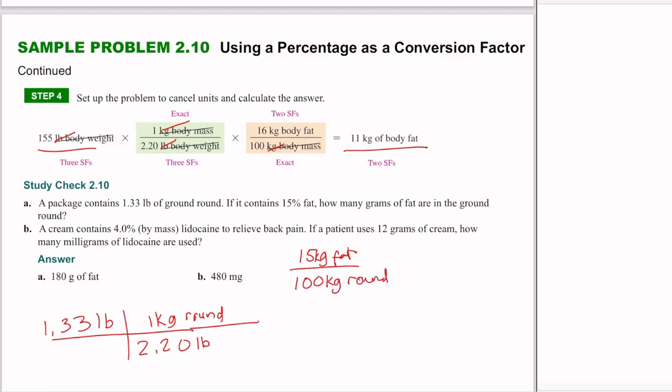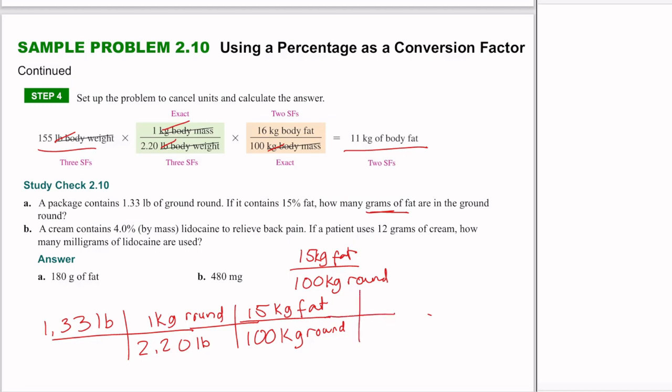So we were asked to find how many grams of fat are in the ground round. So let's put in our next conversion factor. That is 100 kilograms of round per 15 kilograms of fat. So now we have kilograms of fat, but we were asked to find how many grams of fat are in the ground round.